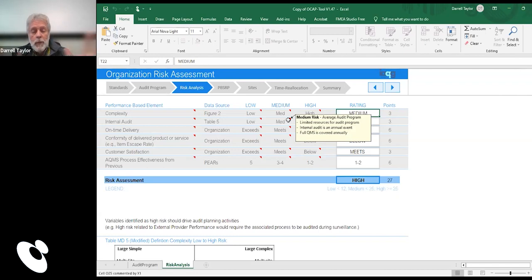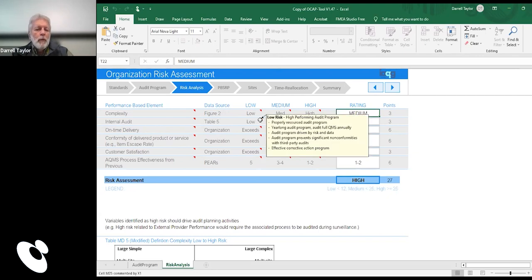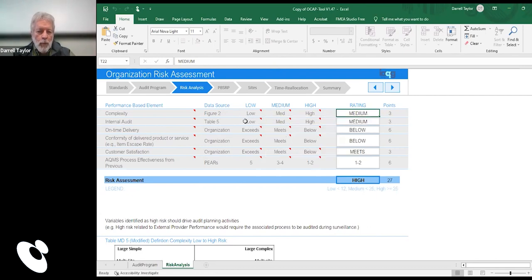We do it once and we've got it done for the year. This one is saying, hey, you need to be looking at the data. If you've got high risk areas, you probably should be going back doing additional audits. If some area didn't do well, are you making sure and following up? And you're letting the data drive how you set that up. That is a low risk audit program.